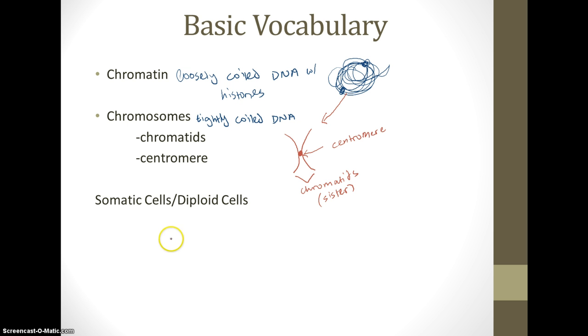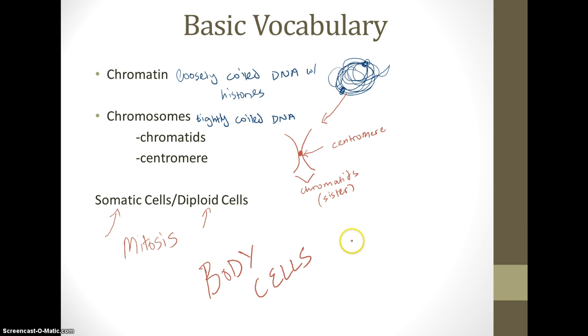Now what we also need to understand is that the parts of the cell cycle, mitosis, are undergone by somatic cells and diploid cells. These are simply cells known as body cells. So mitosis is undergone by body cells, and diploid cells simply mean two copies of each chromosome.